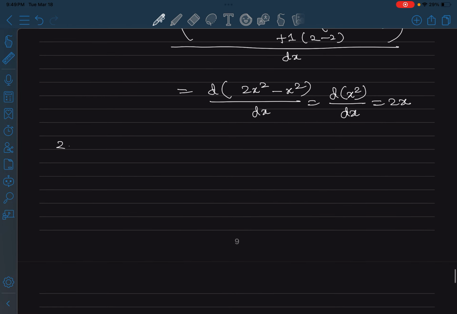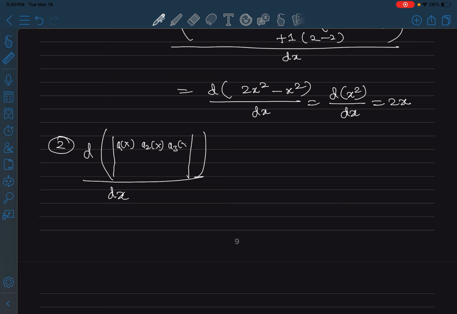Now in the Leibniz method, I'll just give you a glimpse first. Let's say we want to find the derivative of this determinant, where the determinant has a1 of x, a2 of x, a3 of x, then b1 of x, and so on, and c1 of x, c2 of x, c3 of x. I'm doing it for 3 by 3, but you can generalize to any kind of determinant.